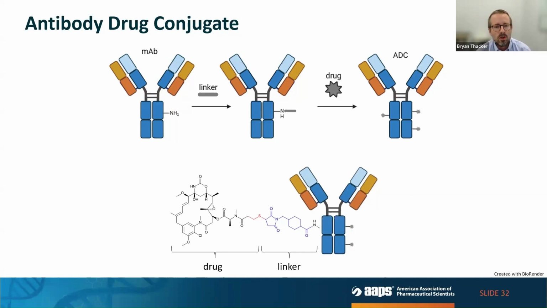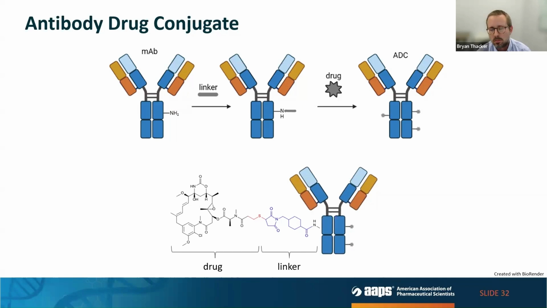So as you know, the starting material for the ADC is a monoclonal antibody, which in and of itself contains quite a bit of heterogeneity and complexity, with multiple protein chains and post-translational modifications. To create the ADC, the antibody is chemically modified to introduce the linker molecule, followed by chemical modification to introduce the drug.